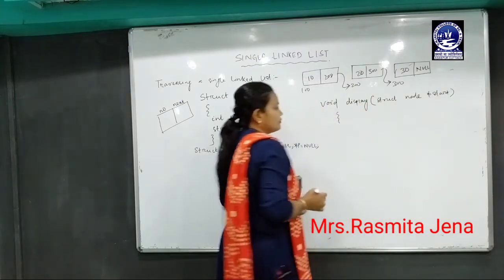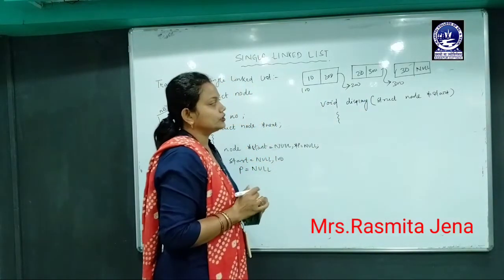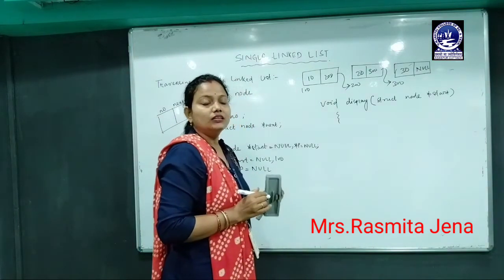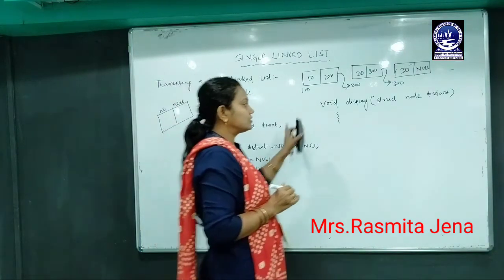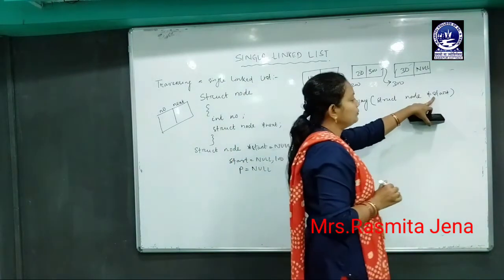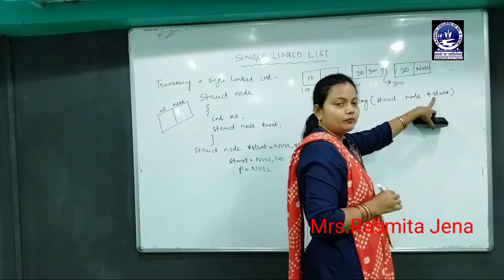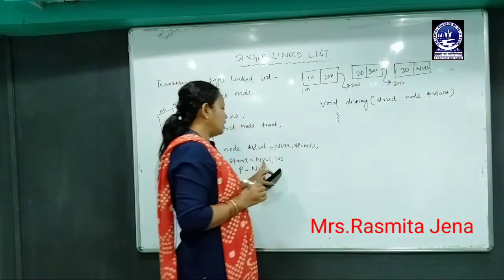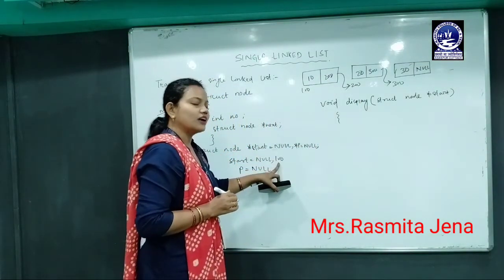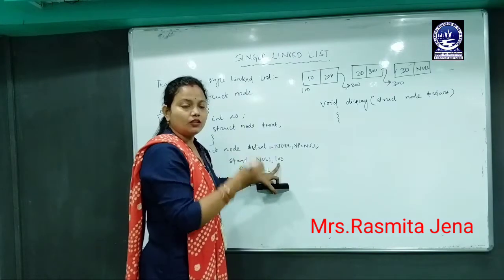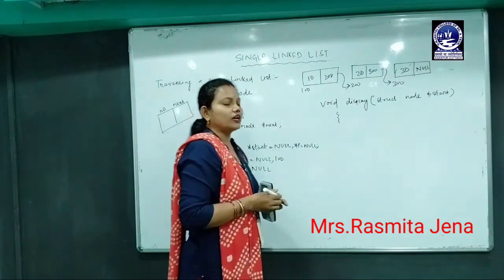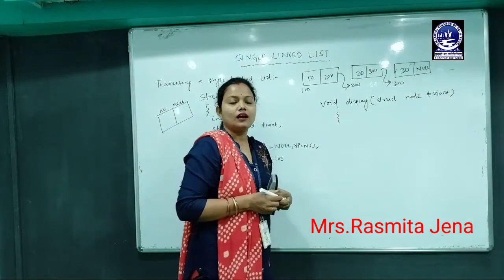That means from the calling part the function will be called with the address of the start node as an argument, and it will be received by another struct node type pointer, start. Initially start is null, and when we create the list, start becomes 100, and when we call the display function, the formal argument start will again hold the address 100.